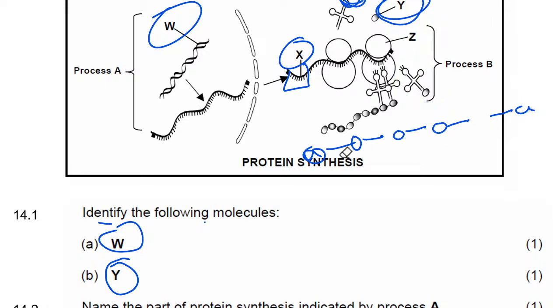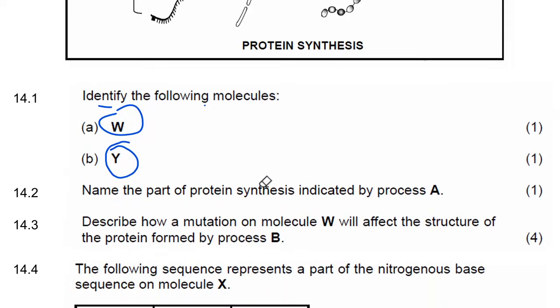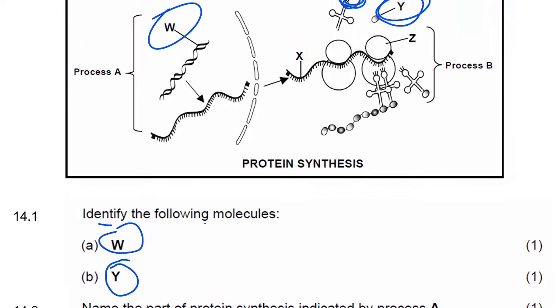We continue. Then they're saying, name the part of the protein synthesis indicated by A. So they're looking for this. It's transcription. Transcription, isn't it? Yes.